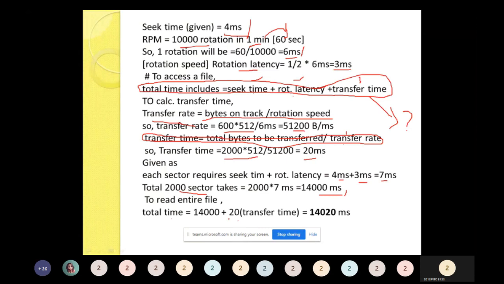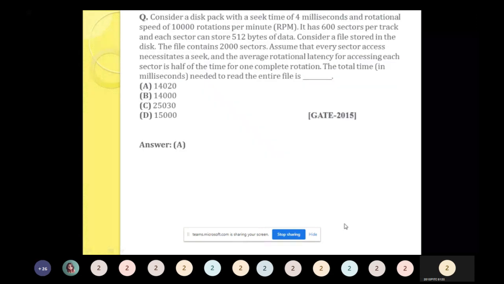Adding this 20, we get the answer 14,020 milliseconds. So option A, 14,020 milliseconds, is needed to read the entire file.